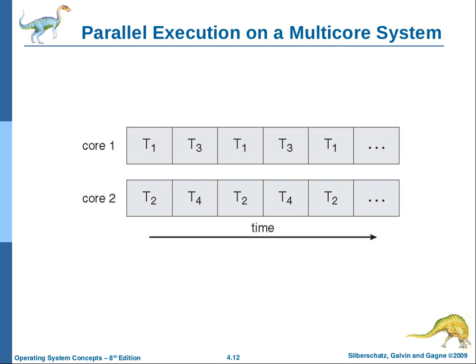Can anyone think of why you would want to have one core partition a set of threads and not move the threads from one core to another? Why does this one go 1 3 1 3 1 3? I mean, we could go 1 3 2 4 1 3 2 4, and this one go 2 4 1 3 2 4 1 3.